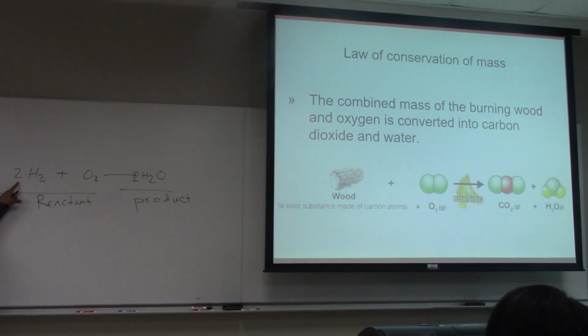This 2, the prefix, means 2 molecules, exactly. And then the subscript means 2 atoms, exactly. So the prefix means molecules and the subscript means atoms. So I have 2 molecules, each with 2 atoms, so actually I have 2 times 2, 4 atoms in total.